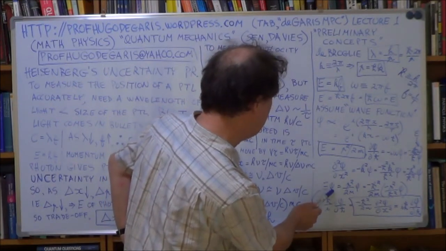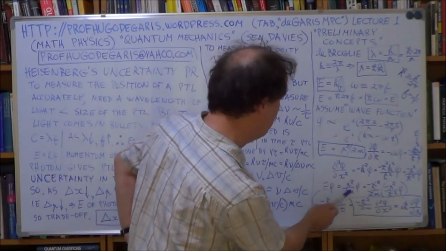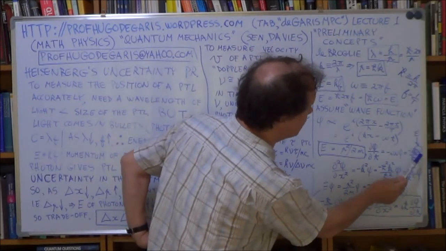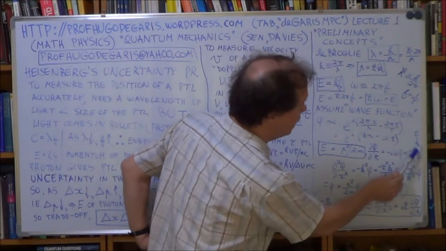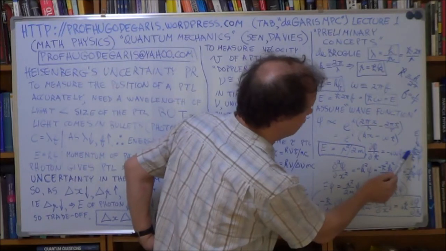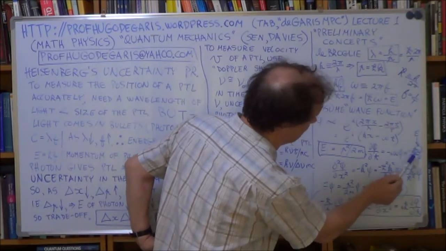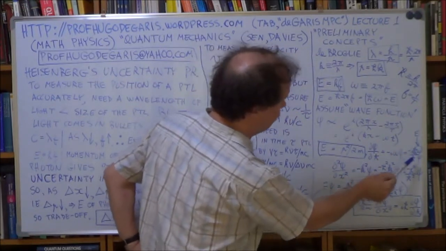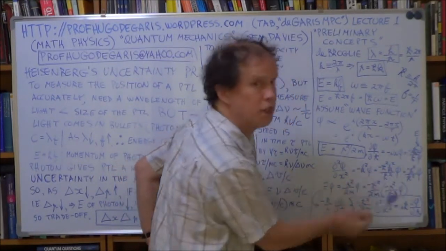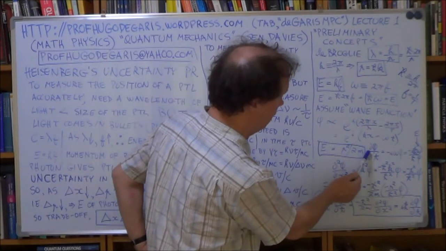Now E psi is equal to what? From here you've got an E psi. So take the minus i divided by h bar, divide both sides by that, and bring it over to this side here on the left.